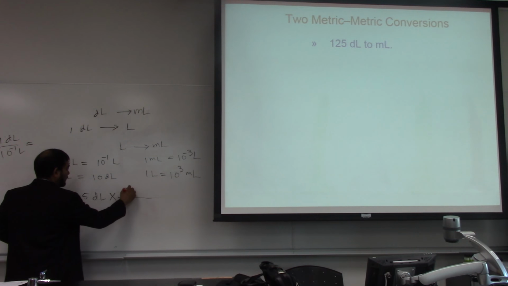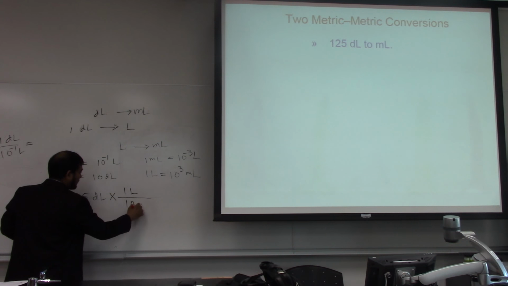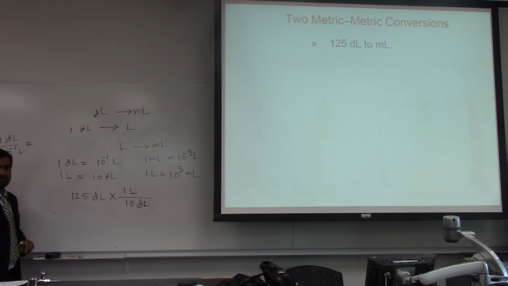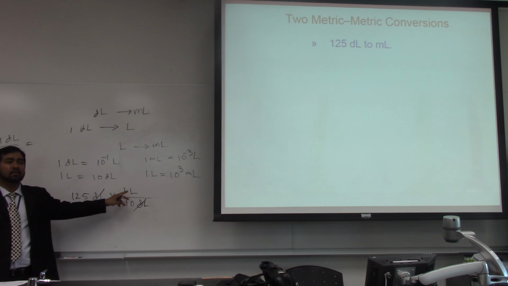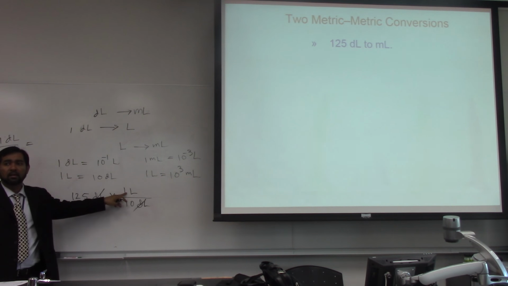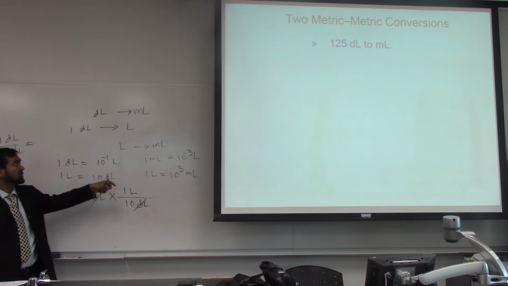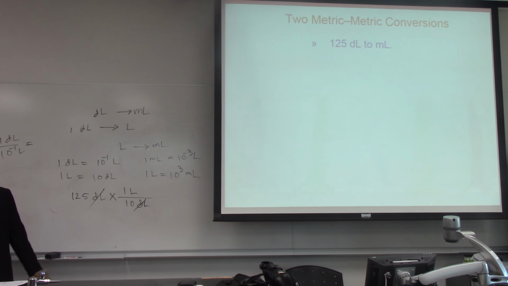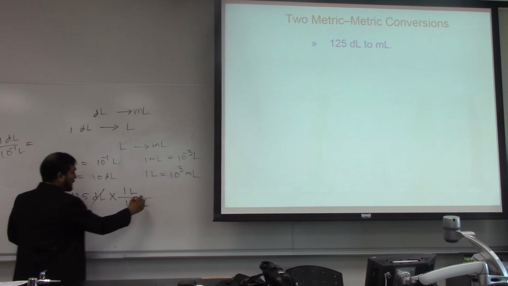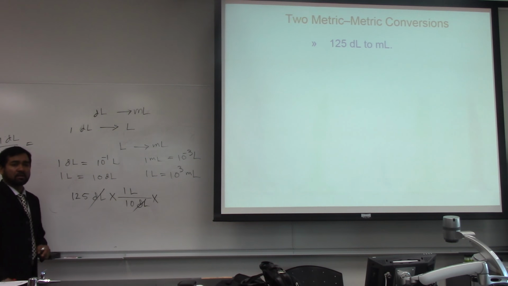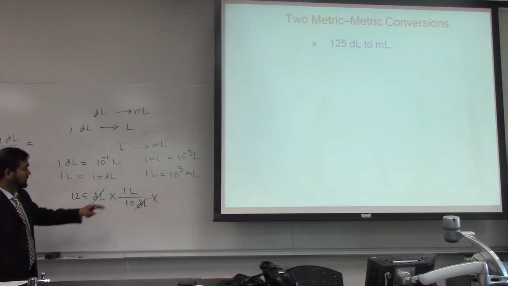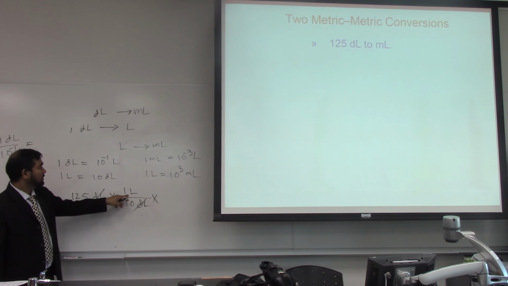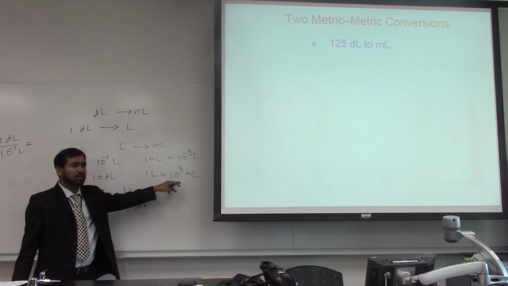That means 1 liter equal to 10 deciliter, right? But we're not done yet, because here if we cancel out DL, I can get the value in liter. But the question says convert to milliliter, right? Then you need to multiply by another numerical value, which is liter to milliliter.